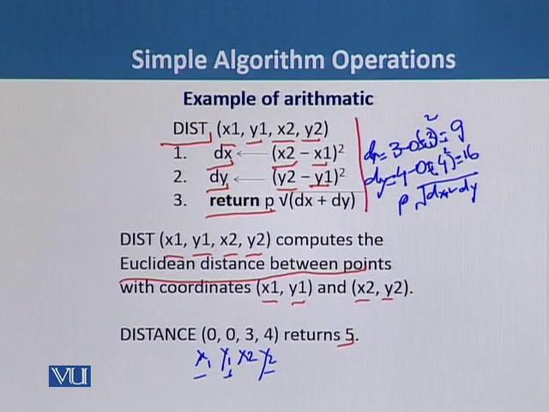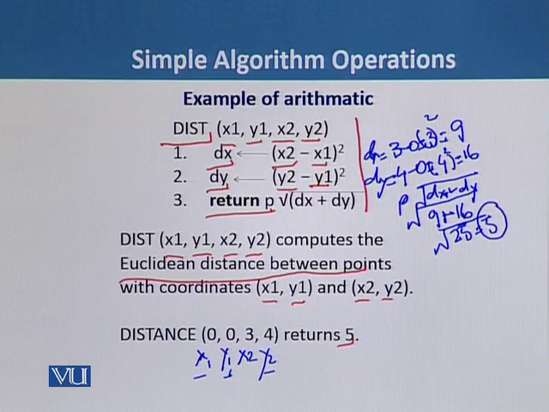So dx in this case is 9 and dy is 16, and the sum is 25. The square root of 25 is equal to 5. So we get this value of 5. So we can solve any problem by using this algorithm to find the distance between two coordinates.